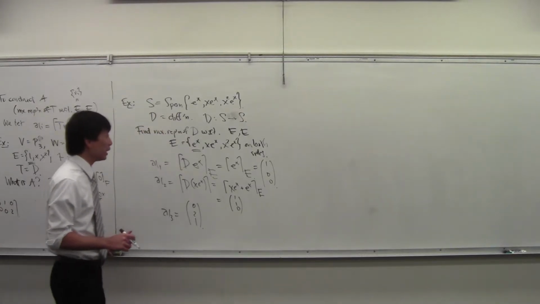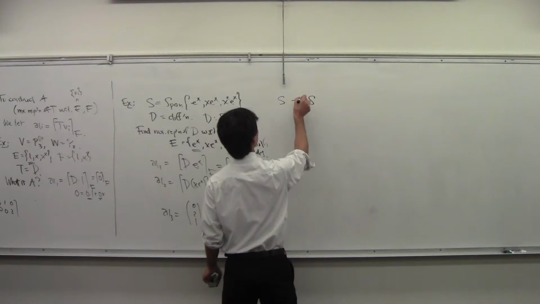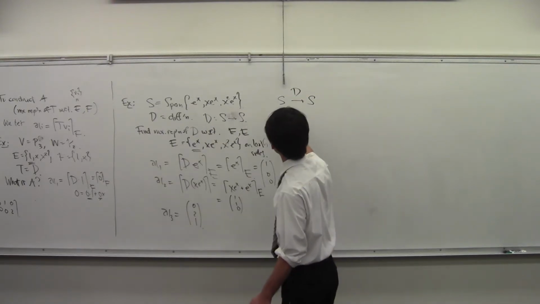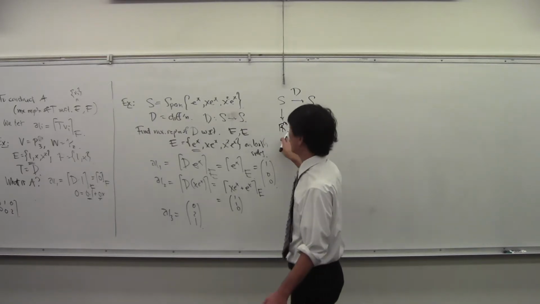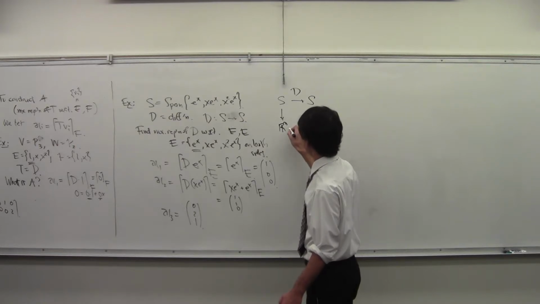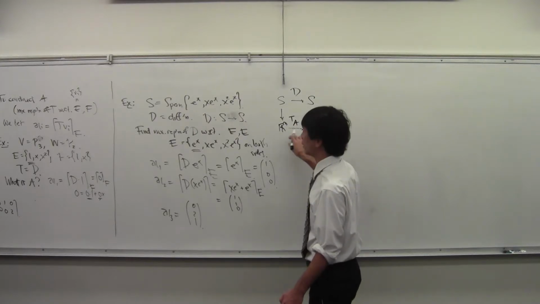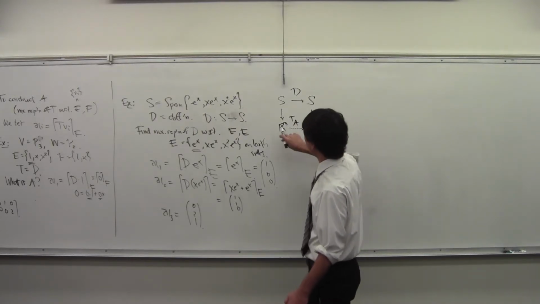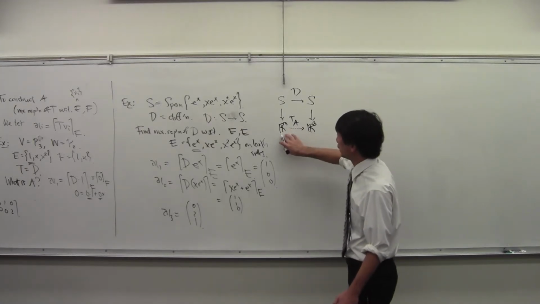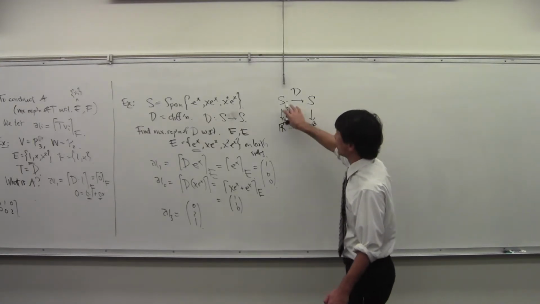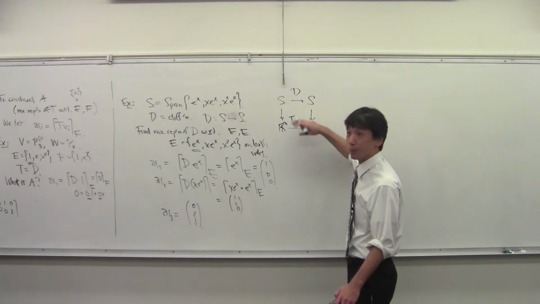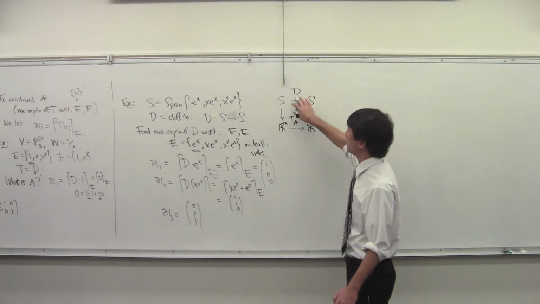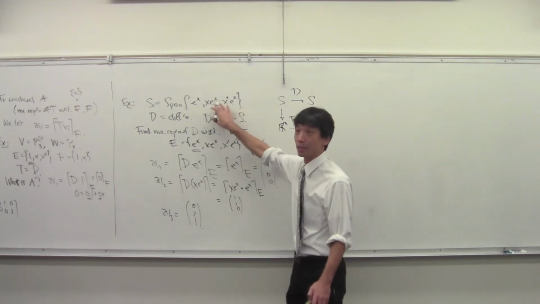So here's S and D. Now we've got our coordinate maps that go down to R3, and we're creating a matrix that we can use to map from R3 to R3, in such a way that the way this matrix acts on R3 mirrors the behavior of D from S to S. We're creating a mirror in the Euclidean world of D's action in this non-Euclidean world.